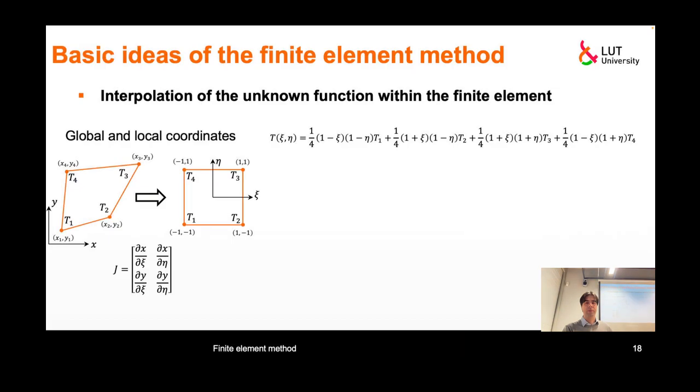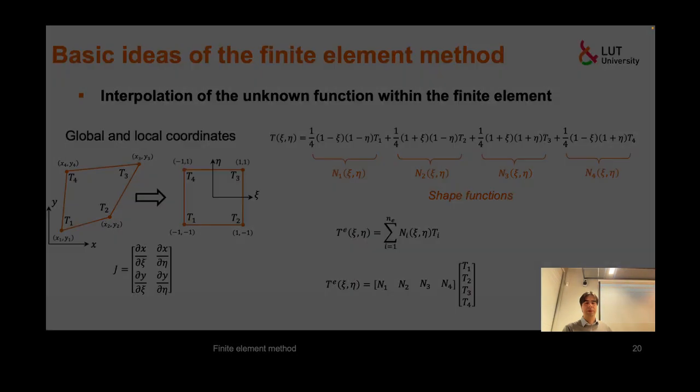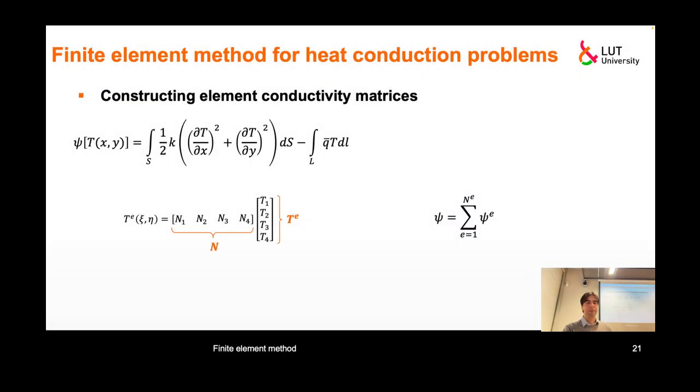Okay, so let's go back to where we were. I mentioned that I will be using this approximation of temperature within each finite element using those shape functions. And that's how we can formulate that. And for each finite element I can calculate this functional.